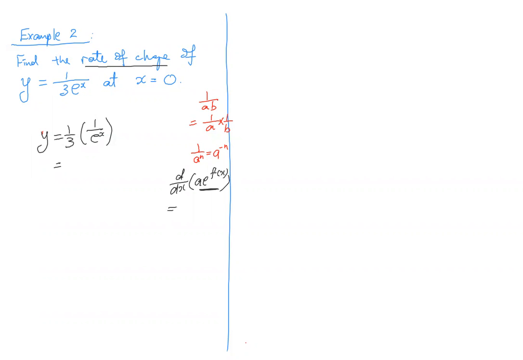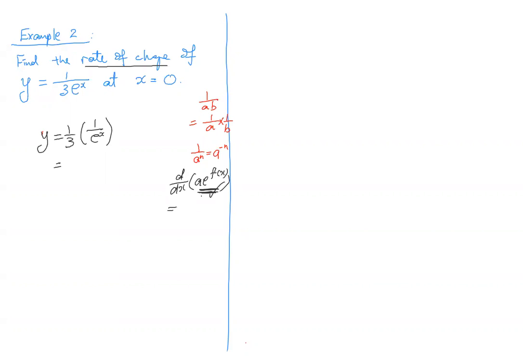So I have to find the derivative of it? No, you can't find the derivative yet because you didn't write in this form. You have to write in this form, Kiko.